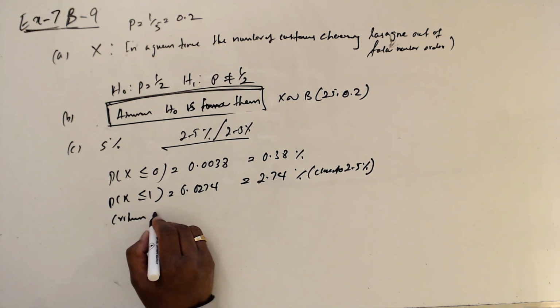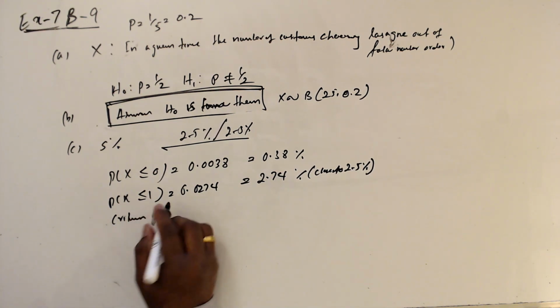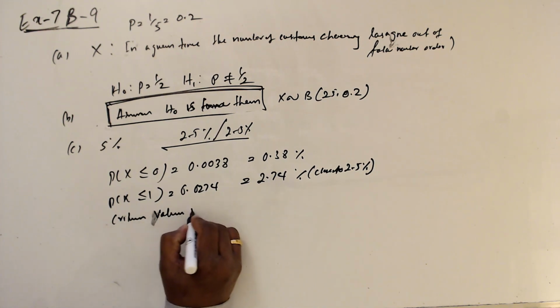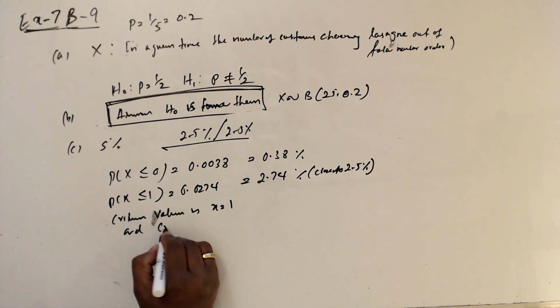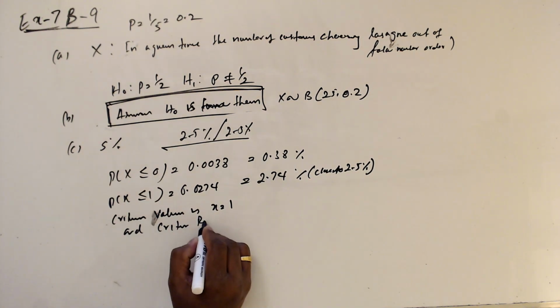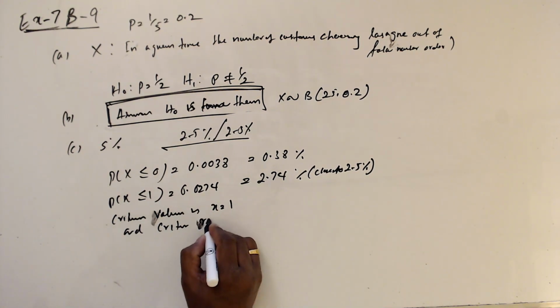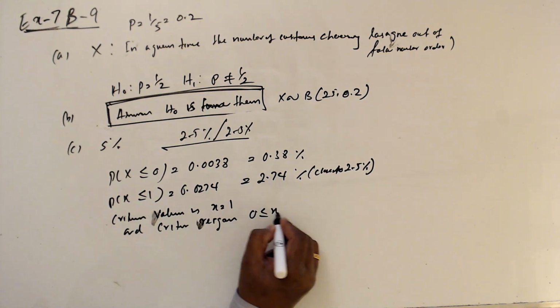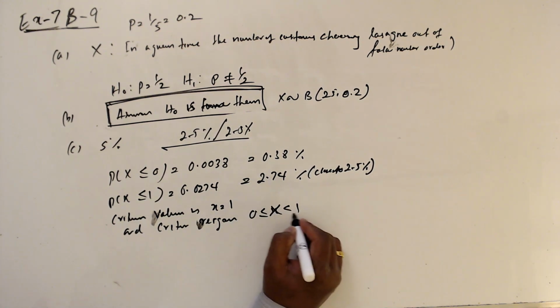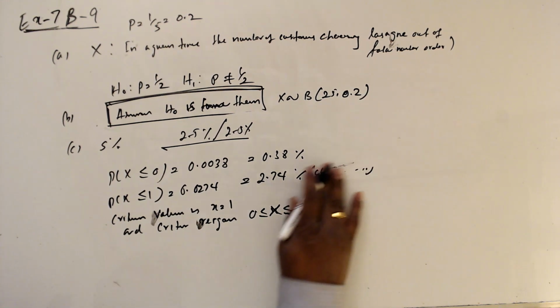Now when you look closer, this one is closer to 2.5%. Hence the critical value is X equal to 1, and the critical region is 0 less than or equal to X less than or equal to 1.